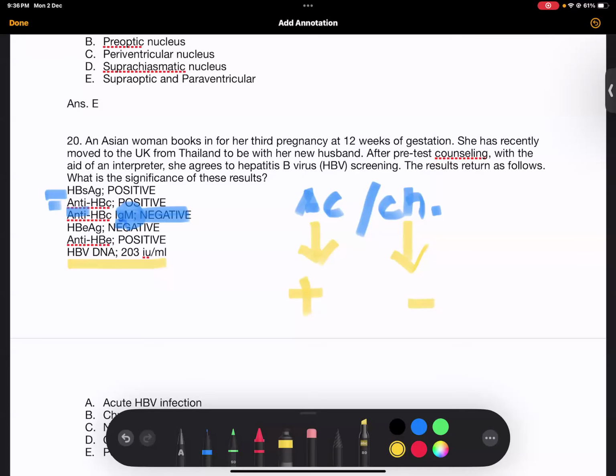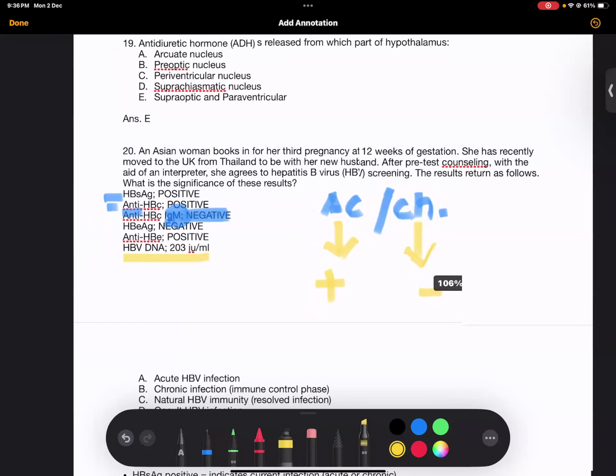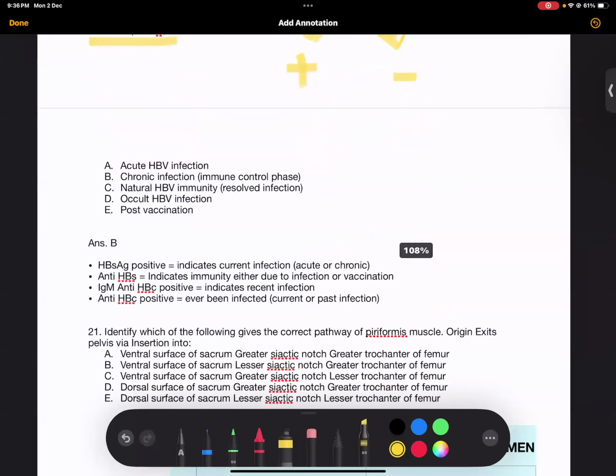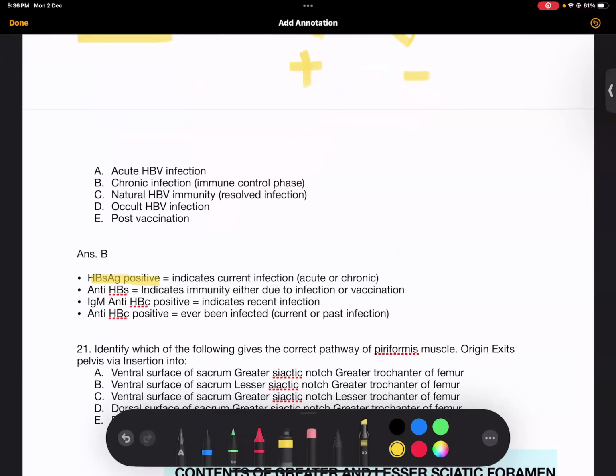Okay, so yes, they say that HBs antigen is positive. It means current infection, either in the form of acute or chronic. Anti-HBs, if it is present, it indicates immunity. Okay, so these two things you can say are opposite of each other.